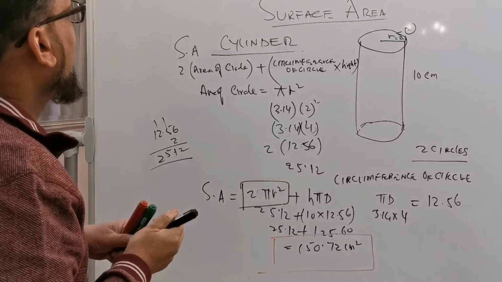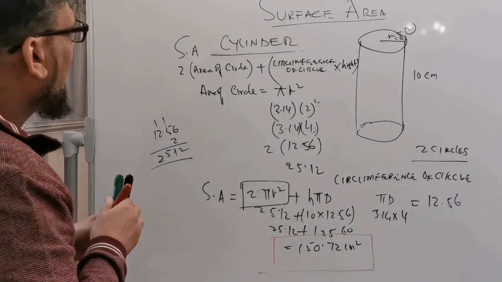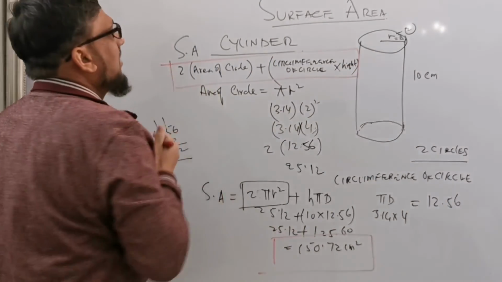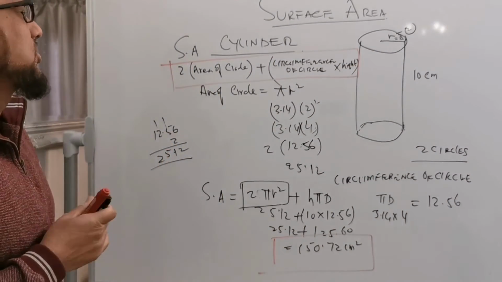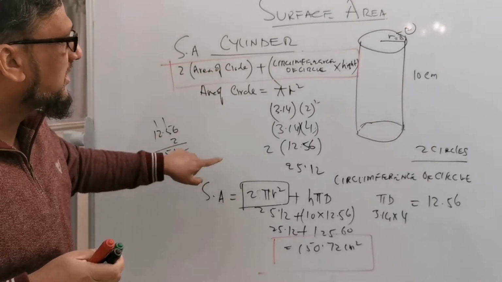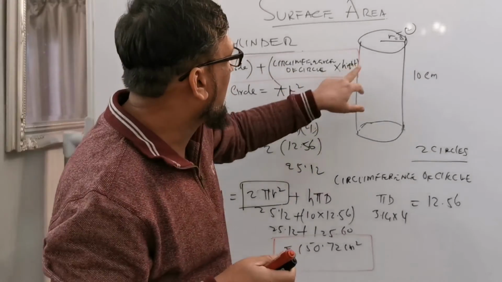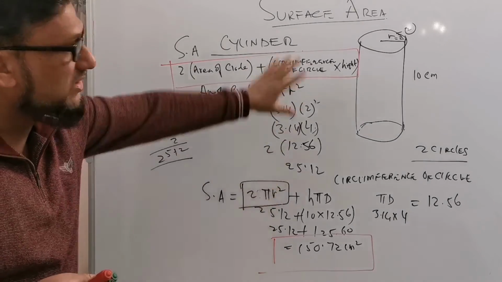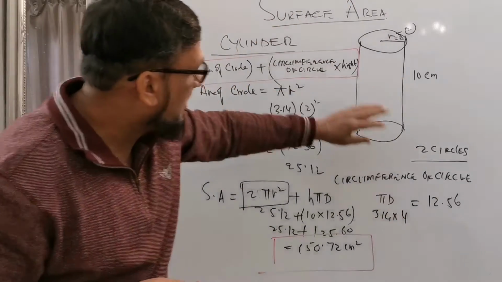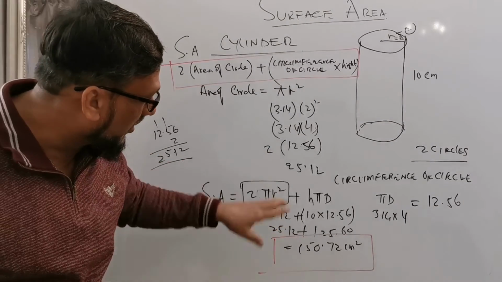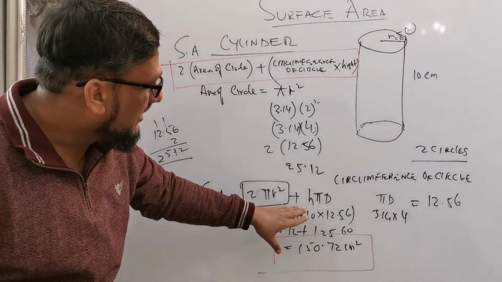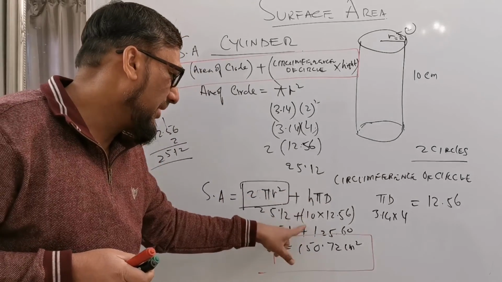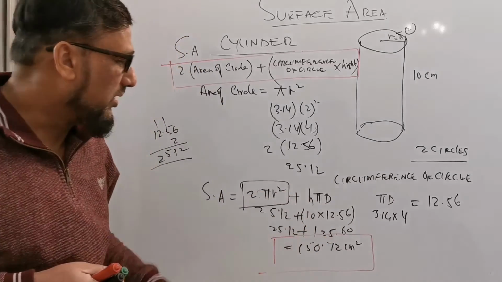So this is the surface area for cylinder: 2 times area of circle plus circumference of circle times height. Same as I did here. First I found the area of circle times 2, which is 25.12, and then I added circumference of circle times height to get 125.60.